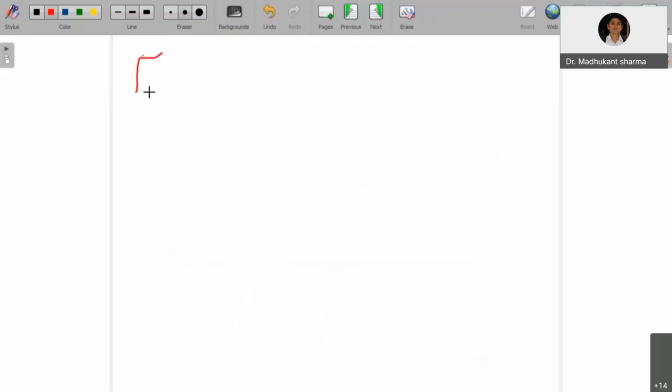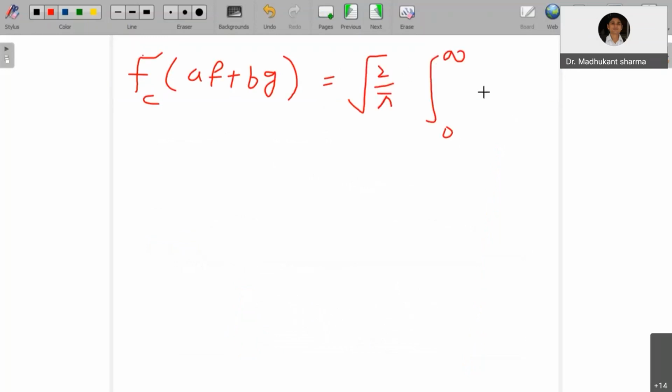If you want to write the cosine transform of af plus bg, it is a one-liner. The cosine transform of af plus bg equals square root of 2 by pi integration 0 to infinity of af plus bg of v times cos of wv dv.